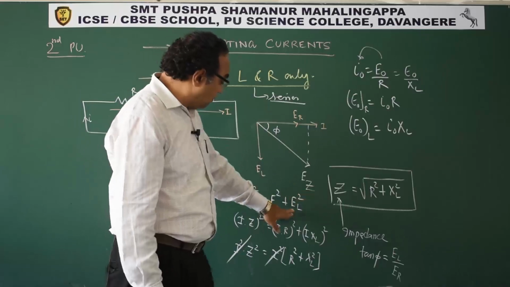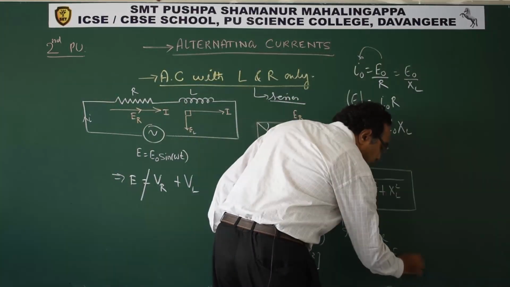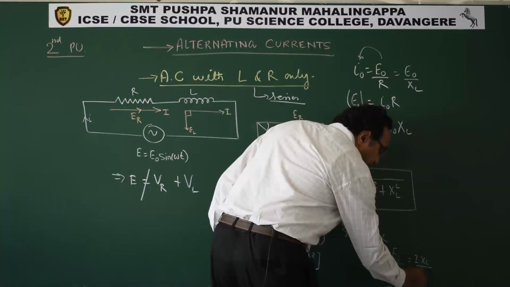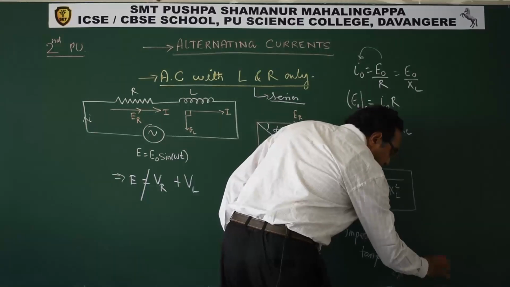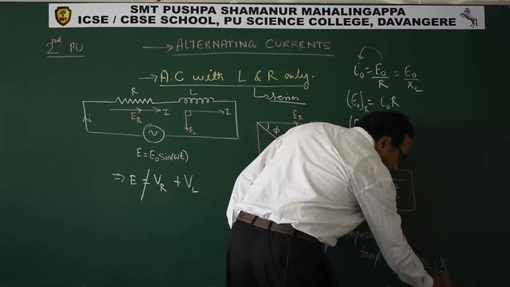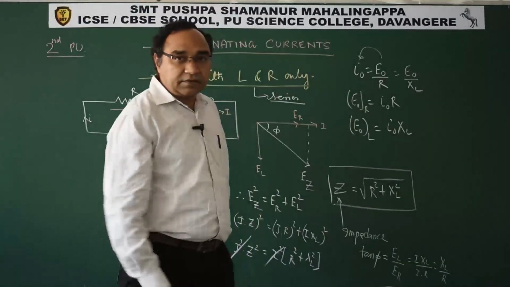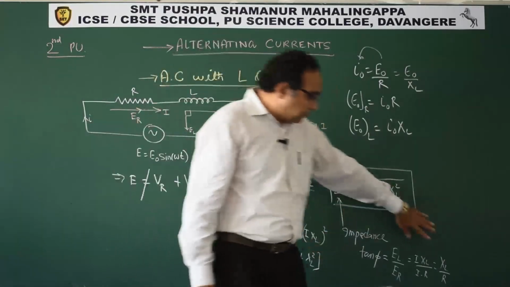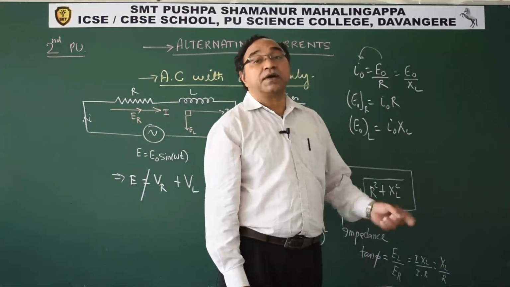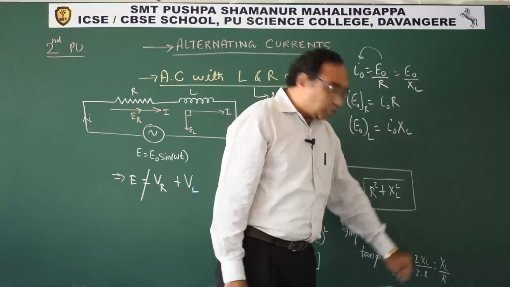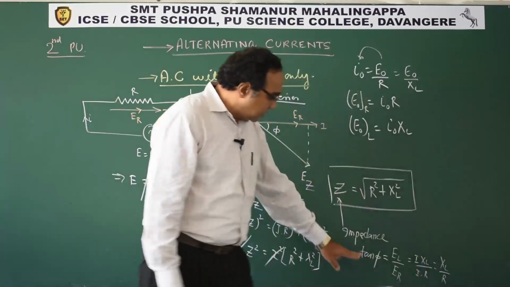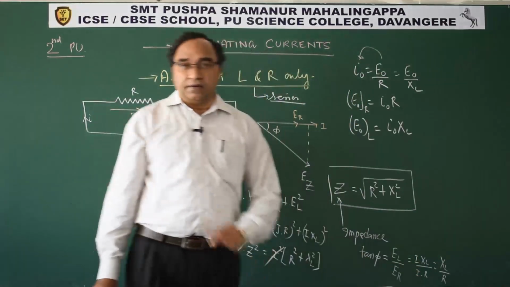EL we can substitute from here. We got I into XL and this is I into R. So, tan phi is what? XL by R. See, we got the angle. We know XL. How much is XL? Omega L. So, XL is known to us, R is known to us. We can find this phase angle.